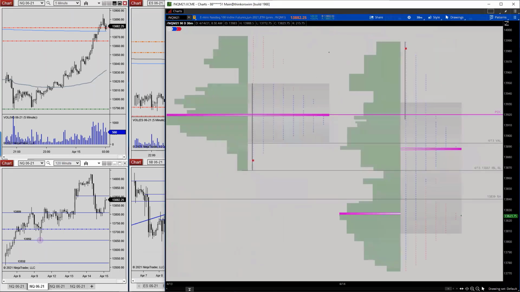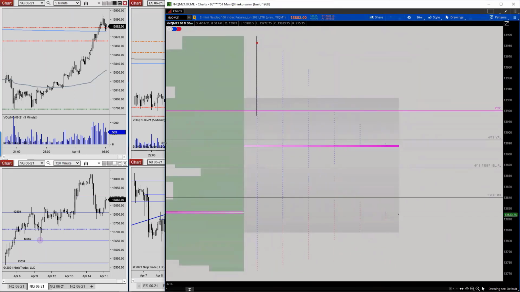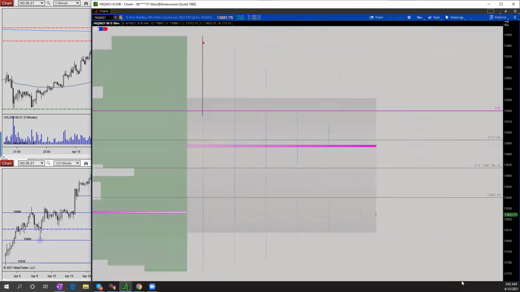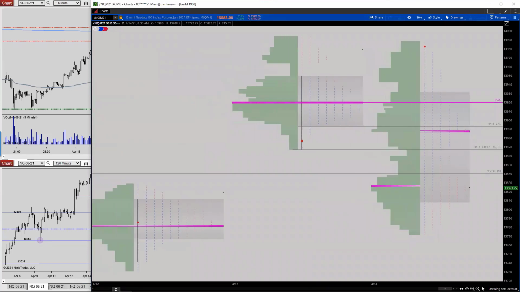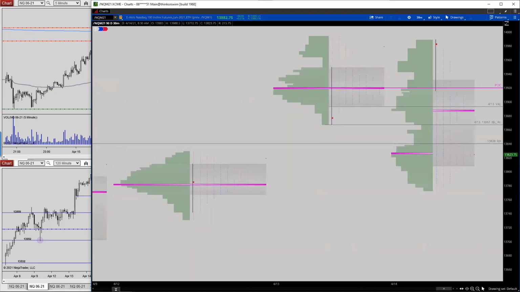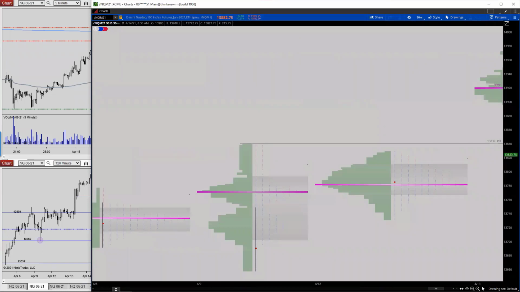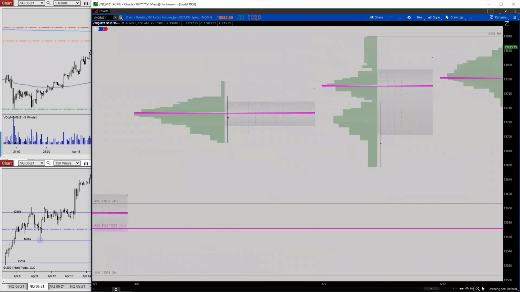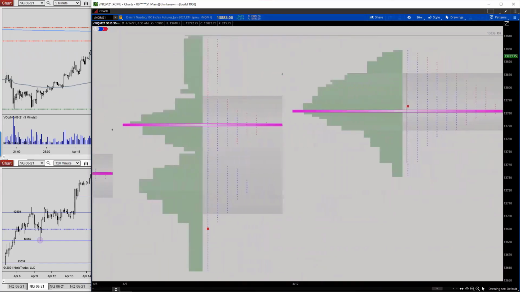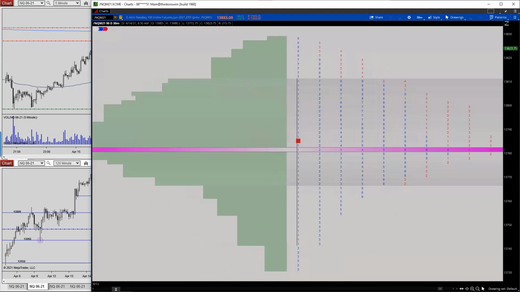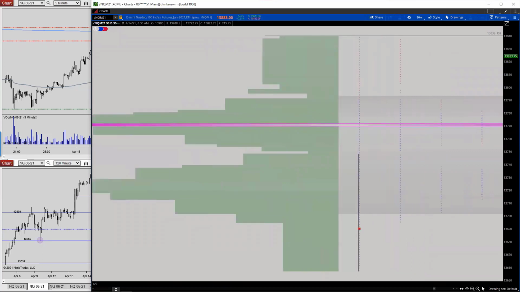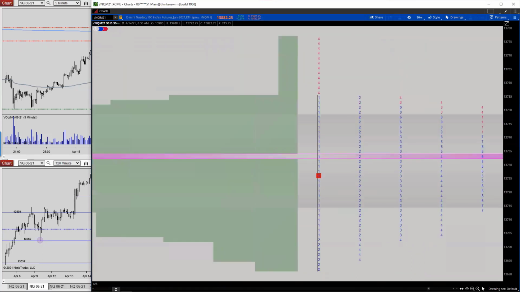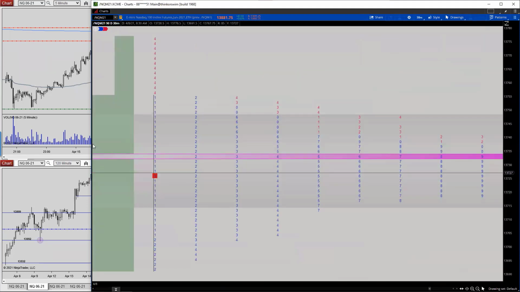I'm only going to pull this out and kind of explain. Trying to make it easier to see.